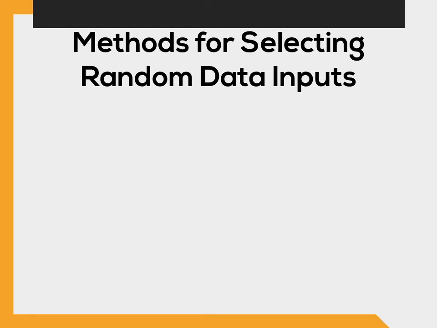So let's back up a little bit and think about if you have an item in your simulation and you have to select a random data input for that. What are the methods for selecting that input? Well, the first is to use the actual sample data. So as I said, it's pretty easy to collect data from a machine nowadays, and manufacturers produce lots and lots of data about their processes.